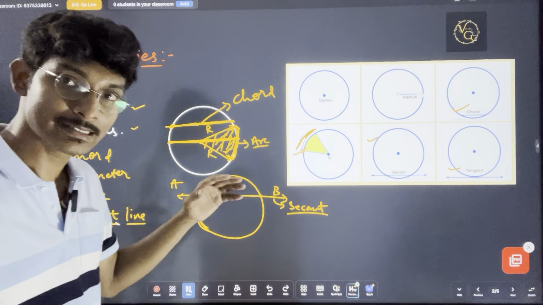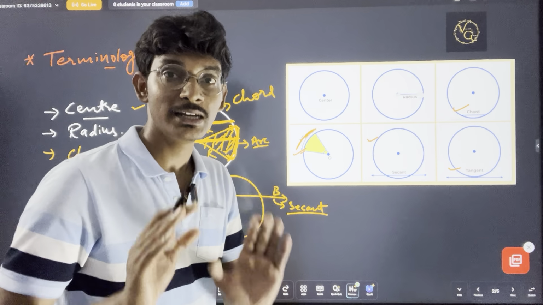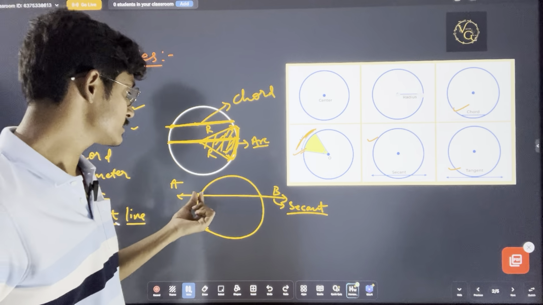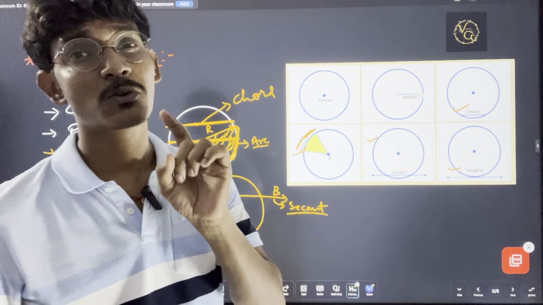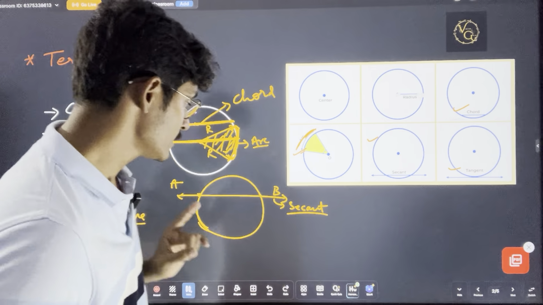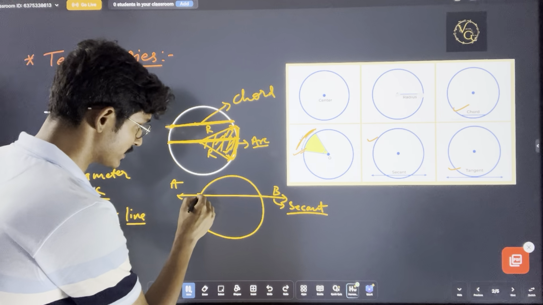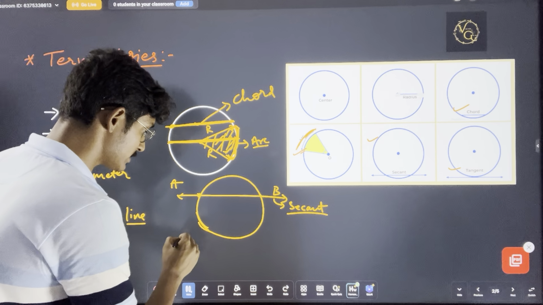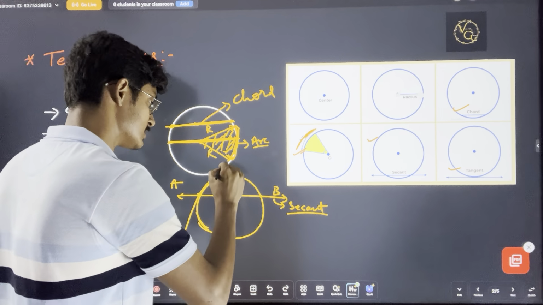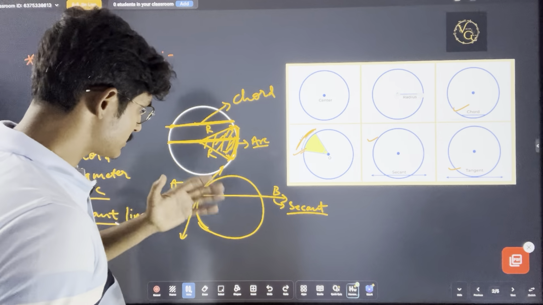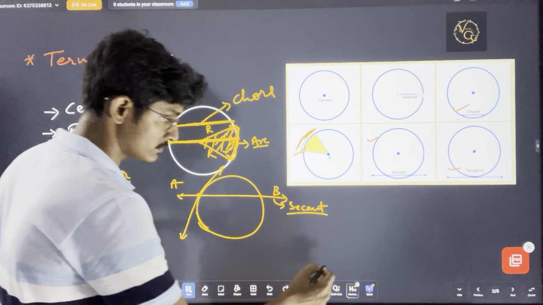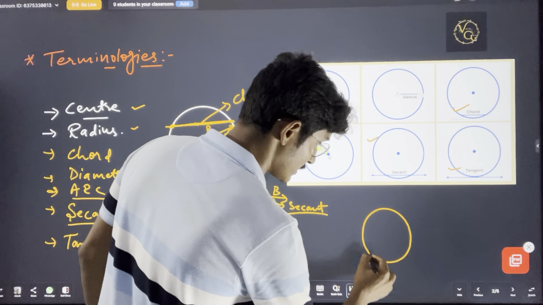A tangent is also like a secant, but the only difference is that a secant intersects at 2 points, while a tangent meets the circle at only 1 point. If there is a point like this and there is a tangent, it will just touch the circle and pass through. It's a straight line, though it might look like a curve. Let me draw it again.